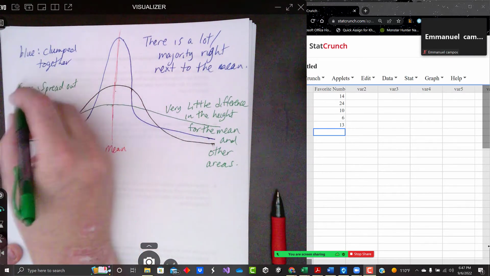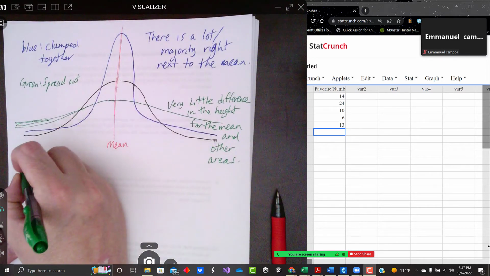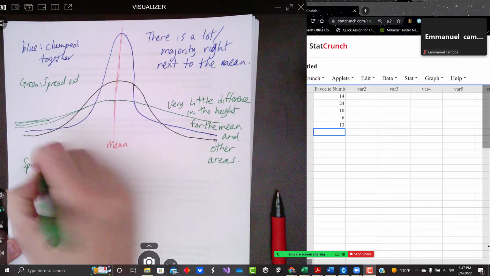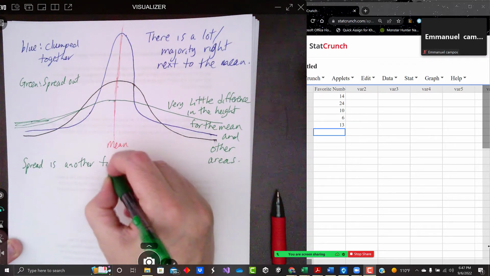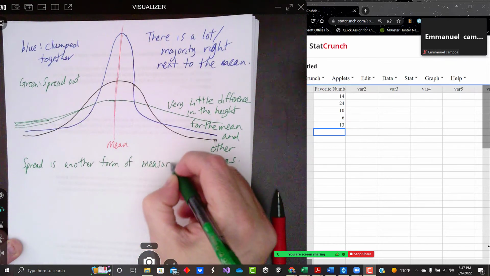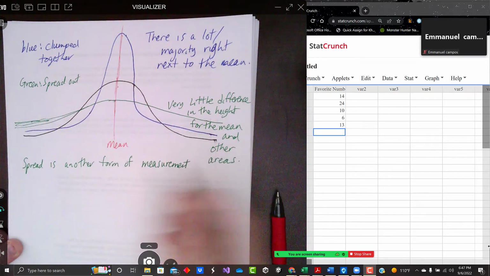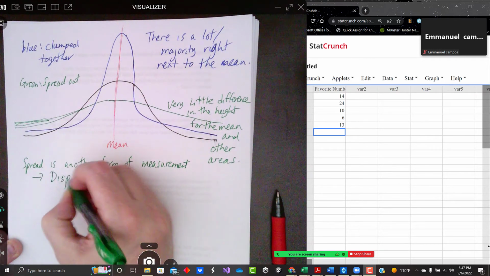This is what we're checking for when we look at spread. Spread is another form of measurement that we look for because the center doesn't tell us everything. It's also called dispersion or deviation.